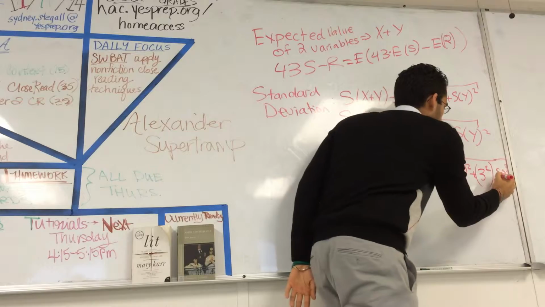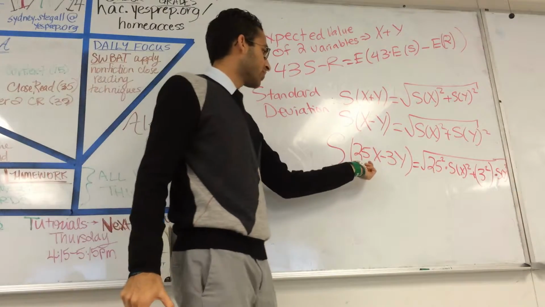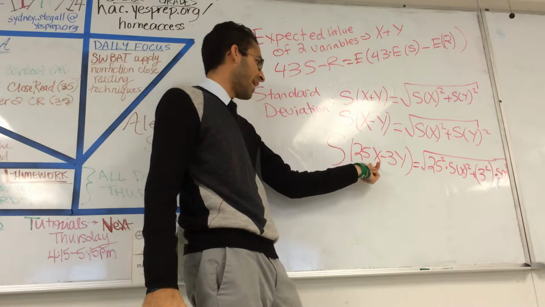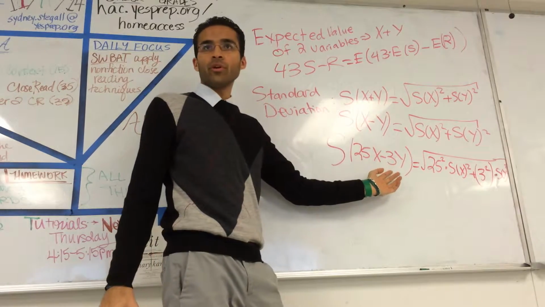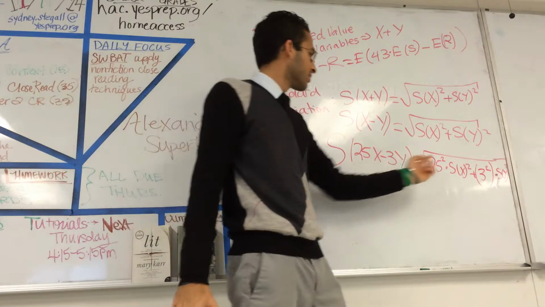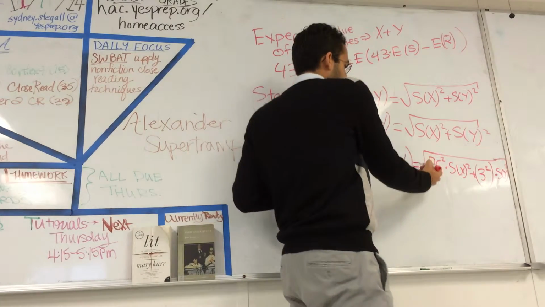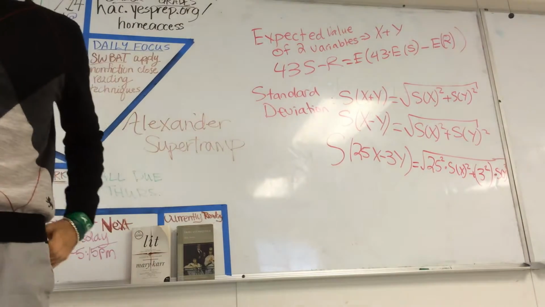So, take the 25, square it, times the standard deviation of x squared, plus take the 3, square it, times the standard deviation of y squared, and then on your calculator get the whole square root of that. So that'll be the standard deviation of the combination.